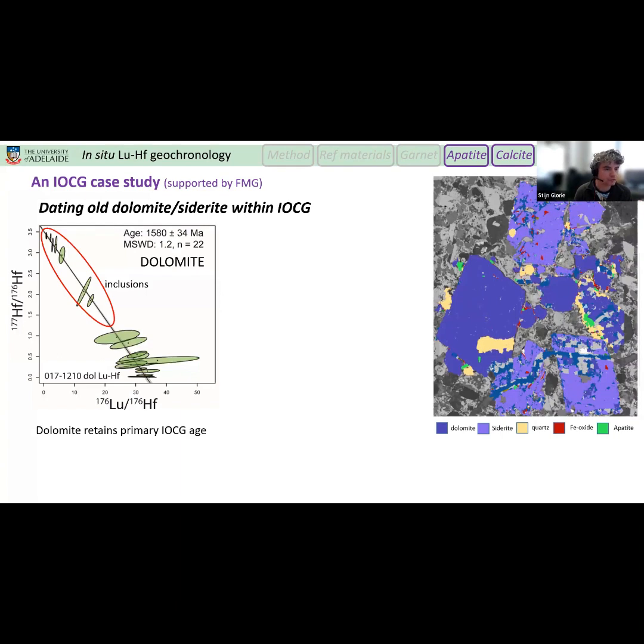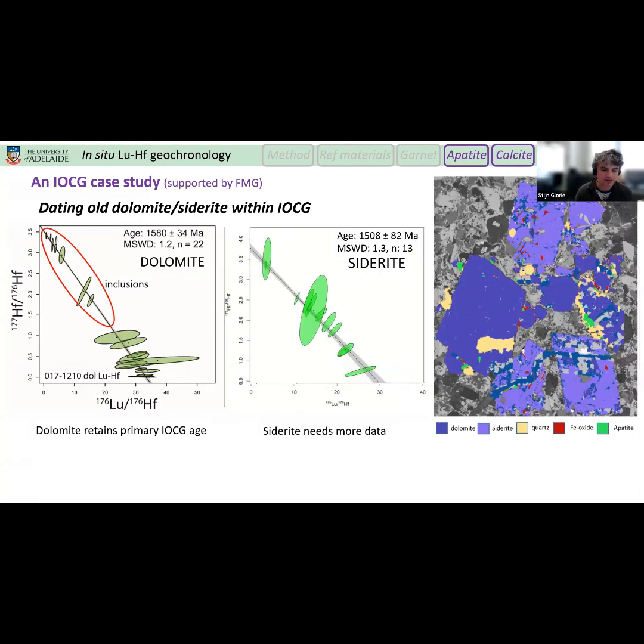Dolomite gives a lovely age of 1580 plus or minus 34, which is in agreement with the apatite age and with the expected age, which means that we can potentially use dolomite to date mineralization. Siderite needs a bit more work. There were not many targets that we could use unfiltered, if you like, because it had many inclusions. And as you can see, the age has a big uncertainty.